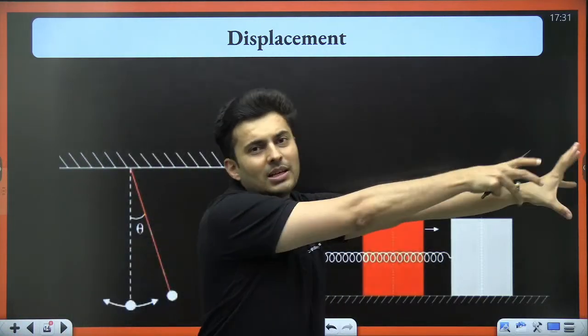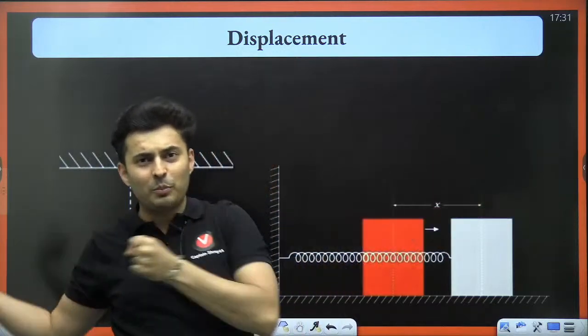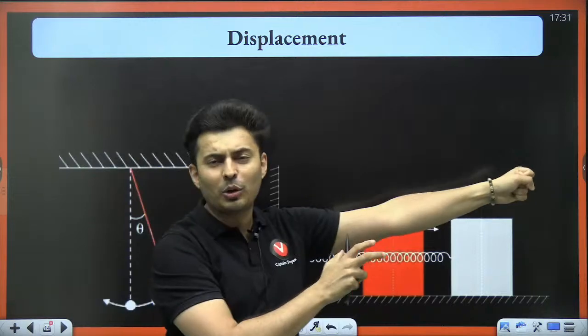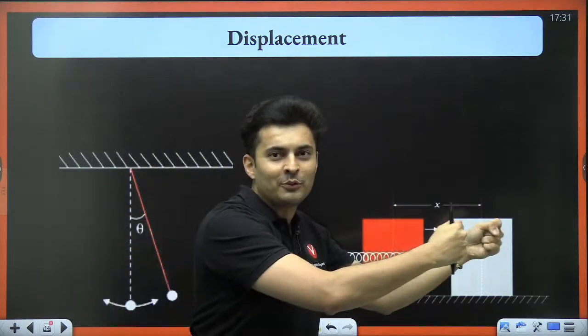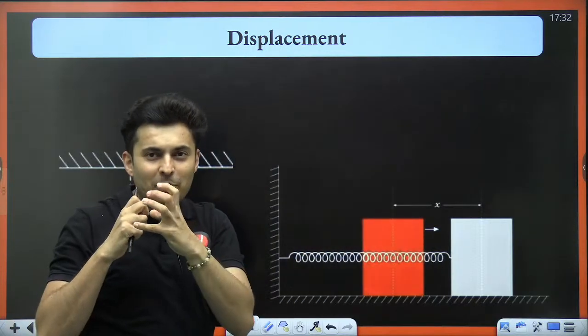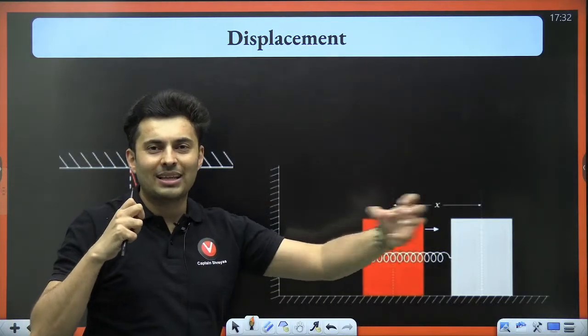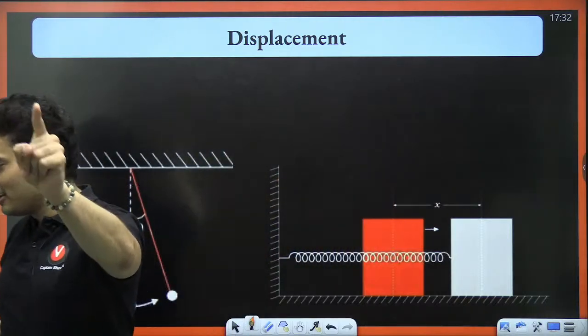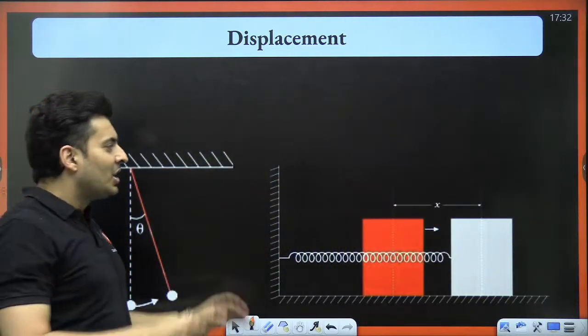But as soon as it goes away, the spring will get elongated and will pull it back. As soon as it comes back, the spring gets compressed. Again, it will throw it away. So it will go back and forth, like an elastic body which has been compressed and left. Isn't it? Everybody with me? Awesome.